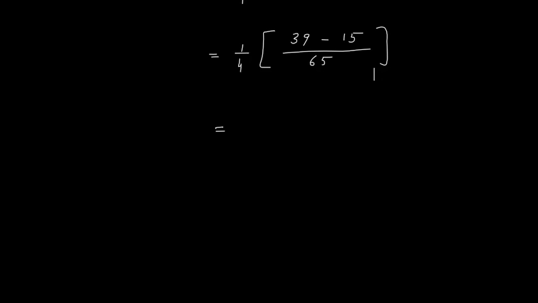This will be equal to 1 upon 4 into 24 upon 65. Now 4 ones are 4, 4 sixes are 24. So finally we get 6 upon 65, which is my final answer.